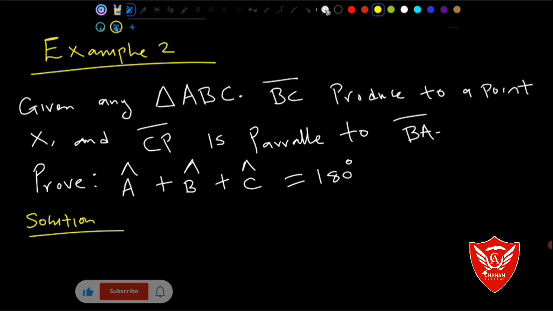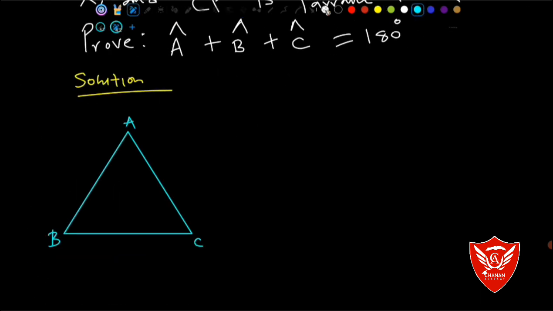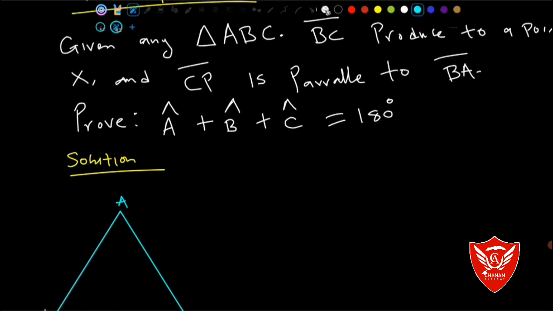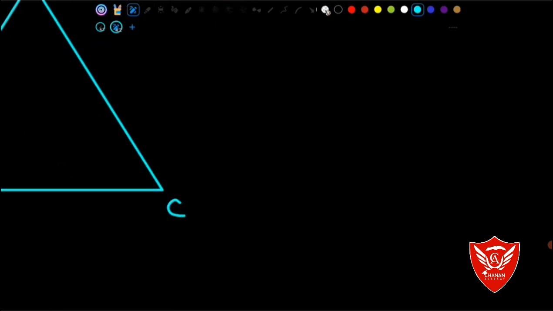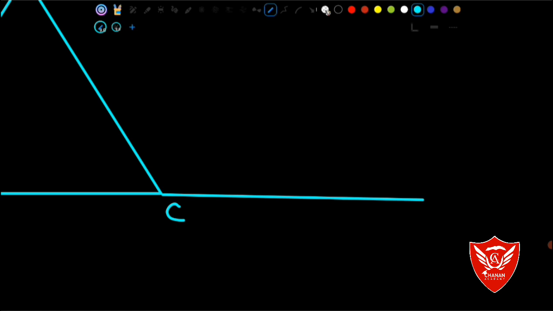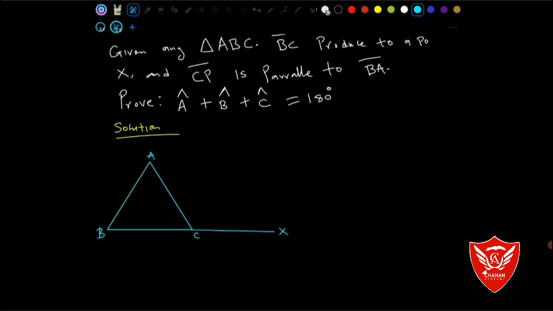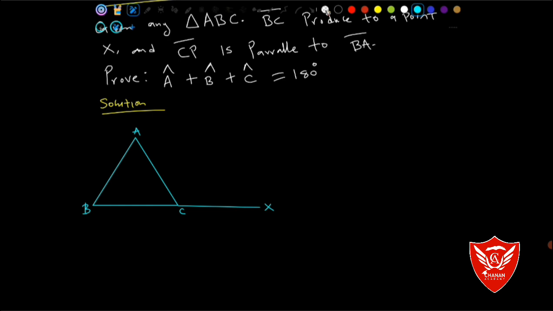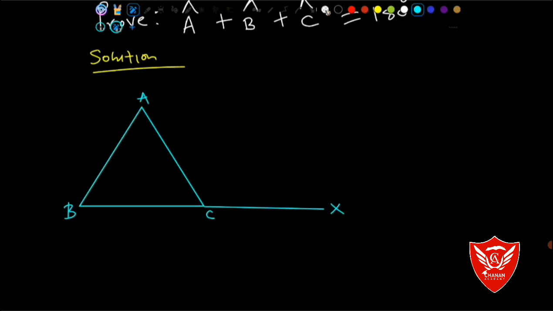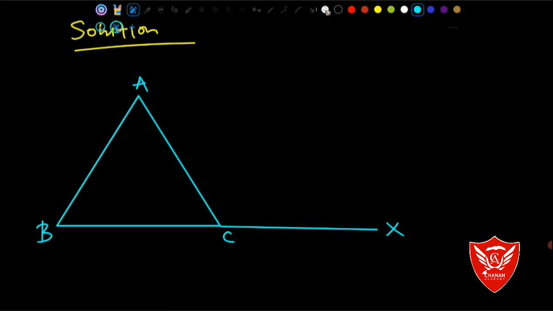Okay, so let's draw first. Line BC produced to a point X, so we extend line BC. So this is X. All right, and we are told that line CP is parallel to line BA. So let's make it parallel.